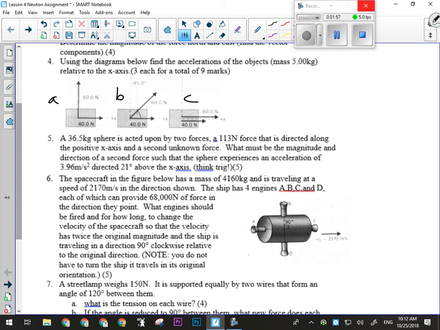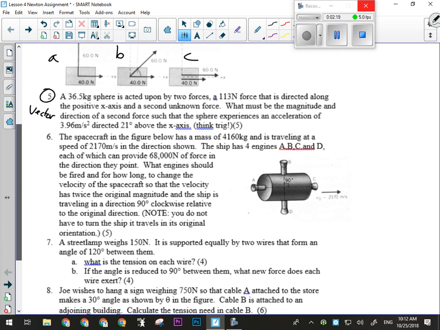One of them is this force. The other is the force you have to find. So you have to find the missing force, and I will tell you, it's going to be vector based. You're going to have to use vector stuff to find that missing force for question number 5. The hint I'll give is it's kind of vector subtraction, not so much vector addition.